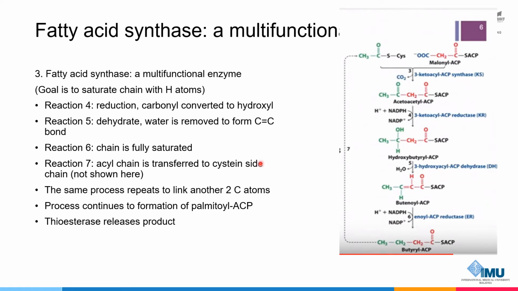That is how the process keeps repeating, and every time it repeats it will add 2 carbon atoms to the chain and elongate it until the formation of palmitoyl ACP, which is 16 carbons long. Once it has formed this palmitoyl ACP, an enzyme known as thioesterase will release the product from fatty acid synthase.